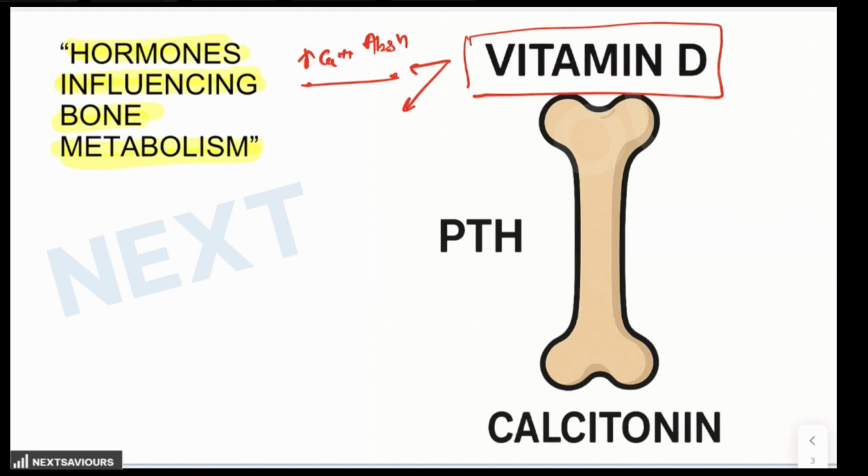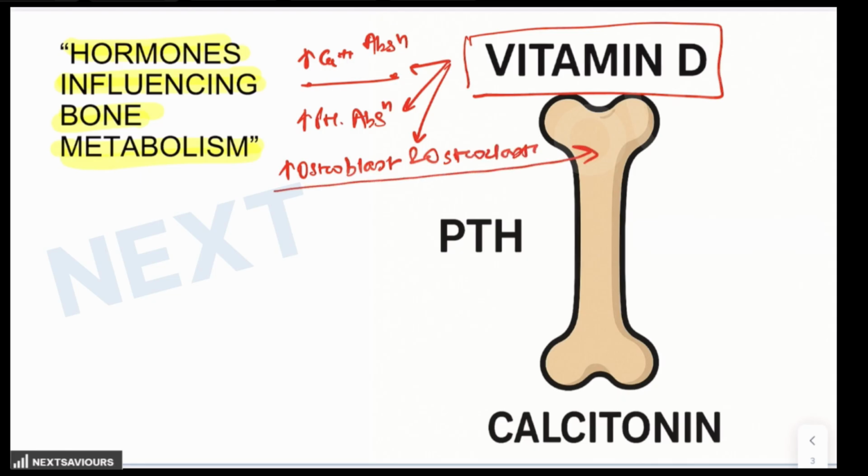Vitamin D is also responsible for increasing the absorption of phosphorus from both the small intestine as well as the renal tubules. On bones, it increases the activity of both osteoblasts as well as osteoclasts, depending upon what exactly is required at that moment of time. That means it has the function of both formation as well as resorption of the bone.